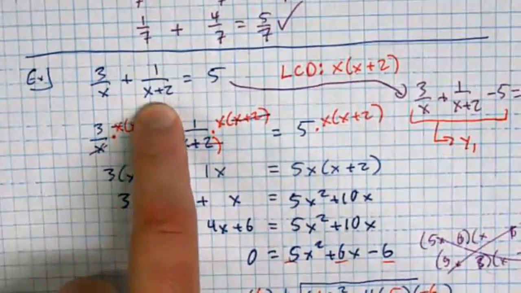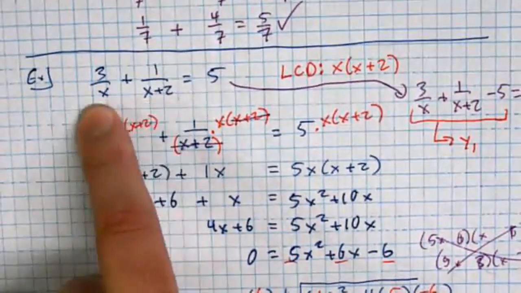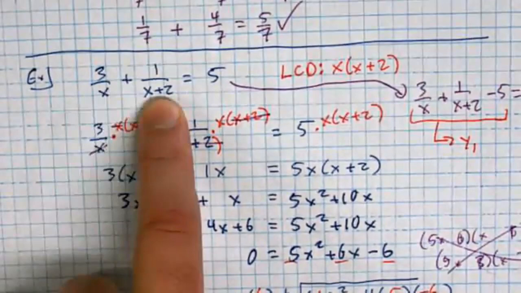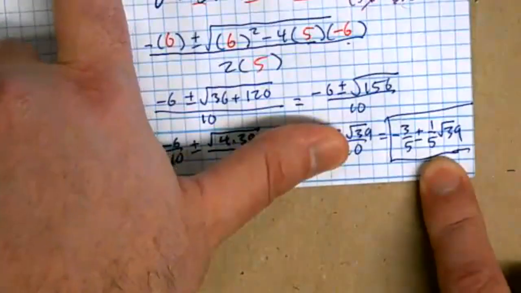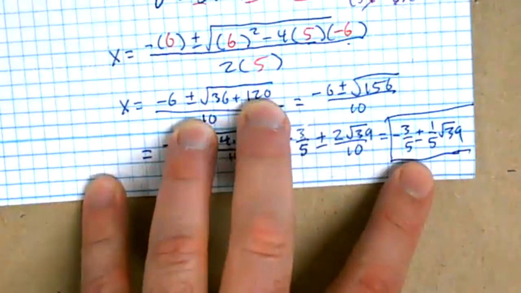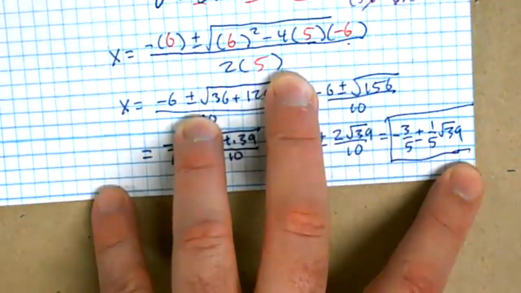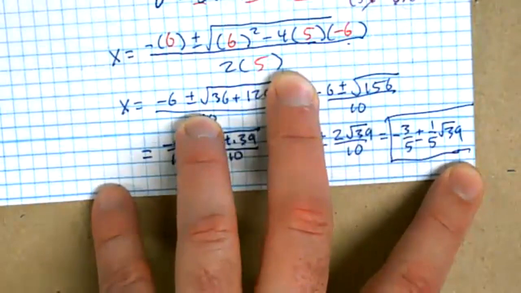What's the other number that would be bad? 0 would be bad. You were going to say 0 also. 0 would be bad and -2 would be bad. Right now, I don't need to worry about that because we didn't get either of those answers. But our last step, we always got to check and see if we have an extraneous solution and toss it out if we do. Okay, so this next one, spoiler alert, it's going to have an extraneous solution.